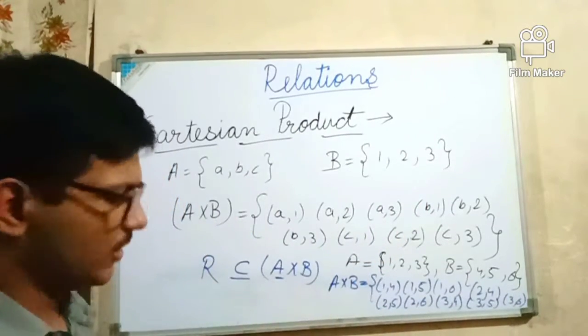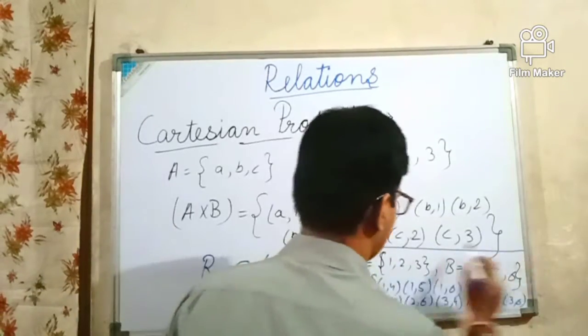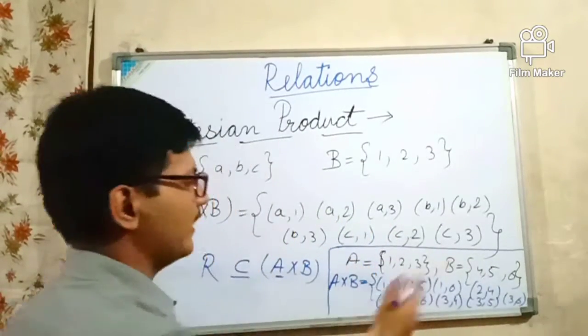This is the A cross B, the Cartesian product of these two sets, A and B.